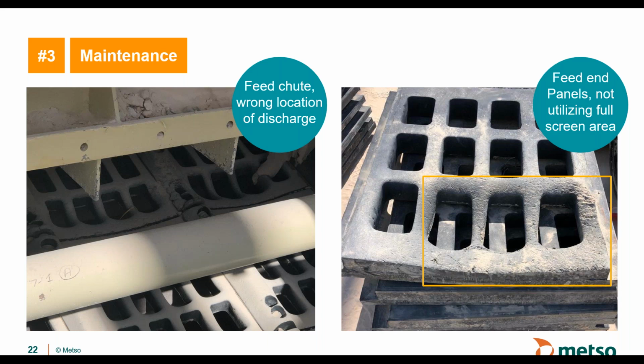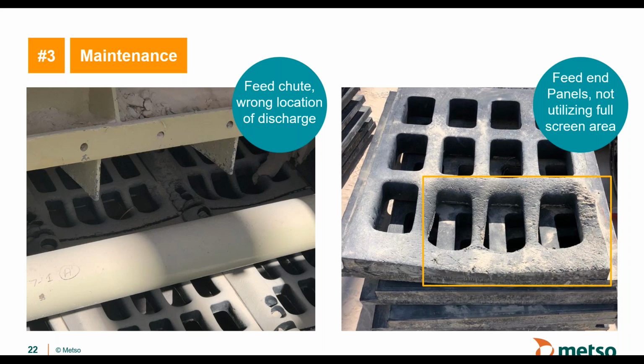The same panel that is sitting there in the screen, you can see in the right-hand side picture, and the area within the box, that's where the feed chute discharges the feed onto the screen deck. The two rows you can see before that are totally unworn. They haven't seen any material whatsoever.